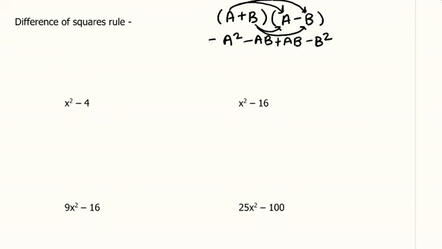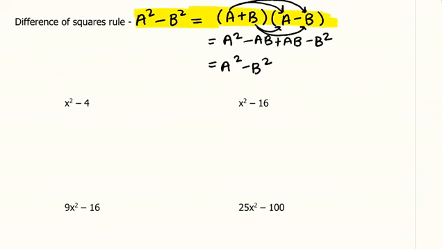So this equals a squared minus b squared. If we see the difference of two squares, like a square thing minus another square thing, then we'll be able to factor it with a plus b and a minus b. Okay, so that's the relevant rule here.